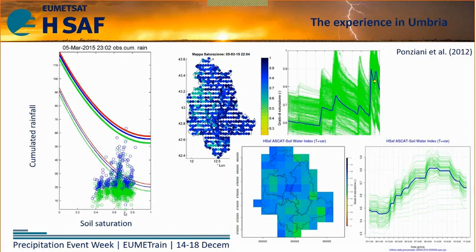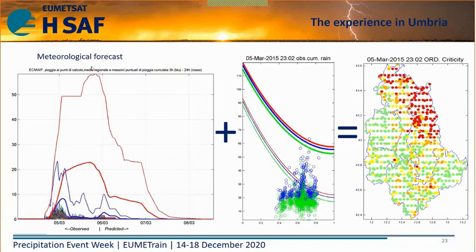And by using some meteorological forecast, for instance, here we can see the weather forecast obtained through the ECMWF, they are able to estimate if one of the grid points is overcoming the threshold or not, and then they can issue some alarms related to the overcoming of that threshold.